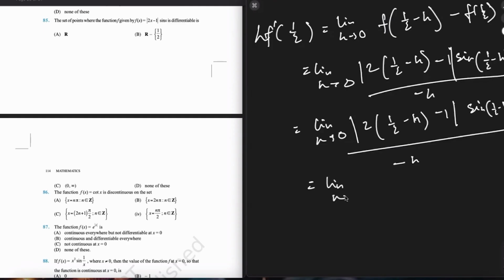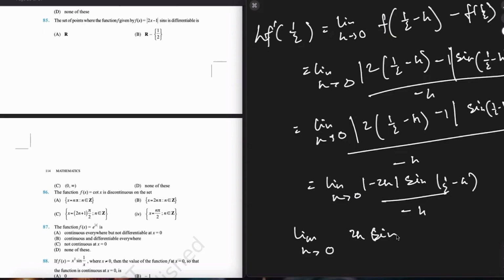So limit h tends to 0, minus 2h sin(half minus h) divided by minus h. The limit h tends to 0 gives minus 2 sin 1 by 2. So f(x) is not differentiable at x is equal to 1 by 2.